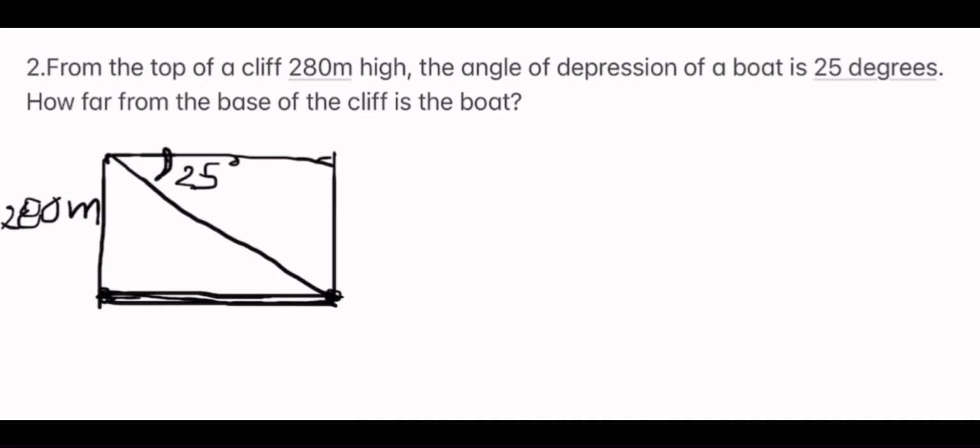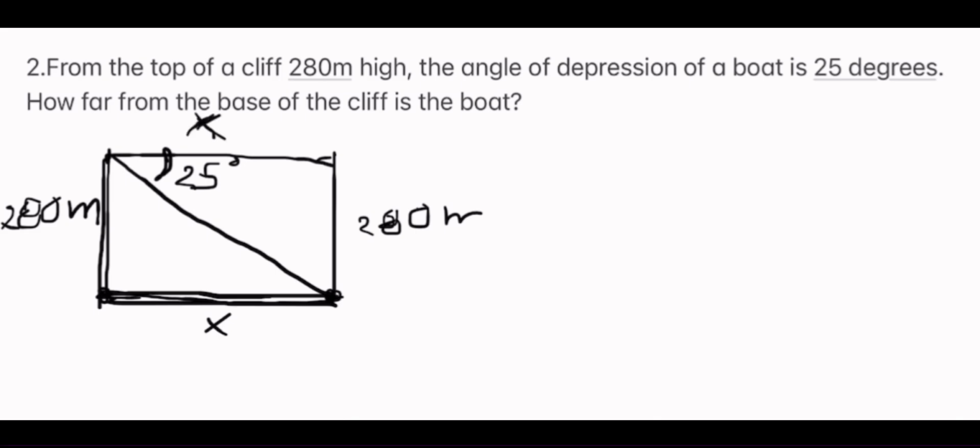So solving this one, if the cliff is 280 meters here, this is also 280 meters. Then if we have this one as x, we can also have this one as x.